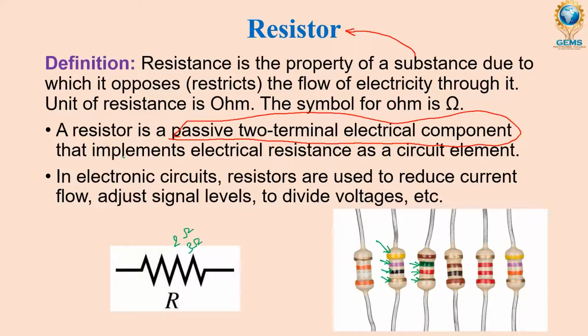If a resistor is there, we need to know how much resistance it has. For calculating that value we use color coding. Based on the colors we can say this is a 300 ohm resistor, this is a 1000 ohm resistor, and so on. So this is how resistors are.